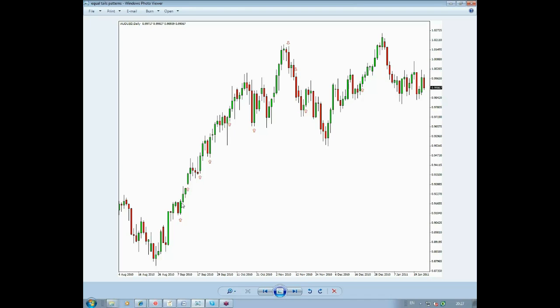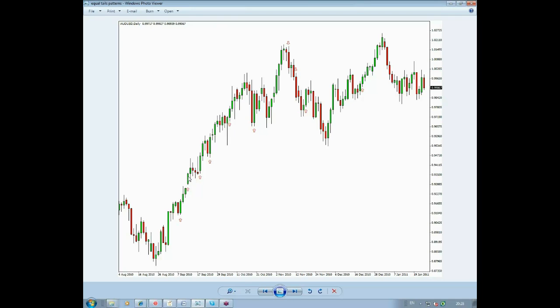But when the day ends, and we have a balanced situation, like Alex said, and equal tails, that means that the bulls in this case, because this candle is green, controlled the whole day.